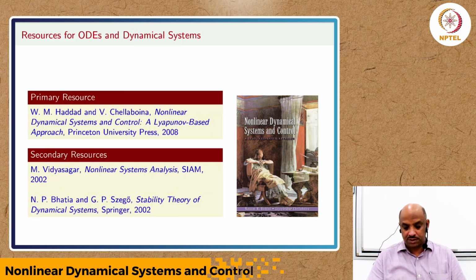The latest edition is published by SIAM in 2002. And another old book, again republished recently by Springer in 2002, is by Bhatia and Szegő on stability theory of dynamical systems. Both are quite self-sufficient, really well-written books. But much of the material for this particular course is taken from the first reference.